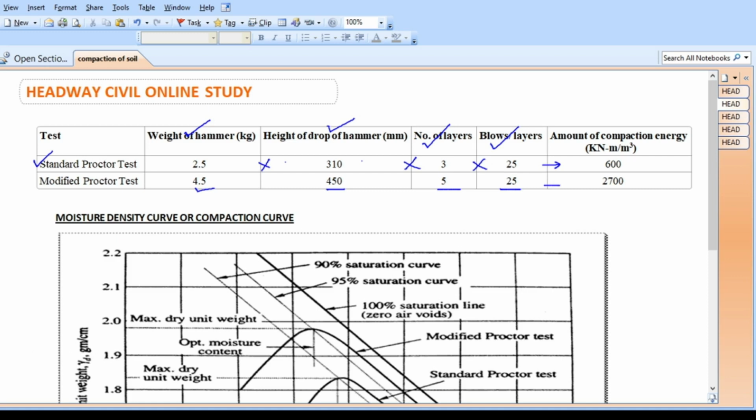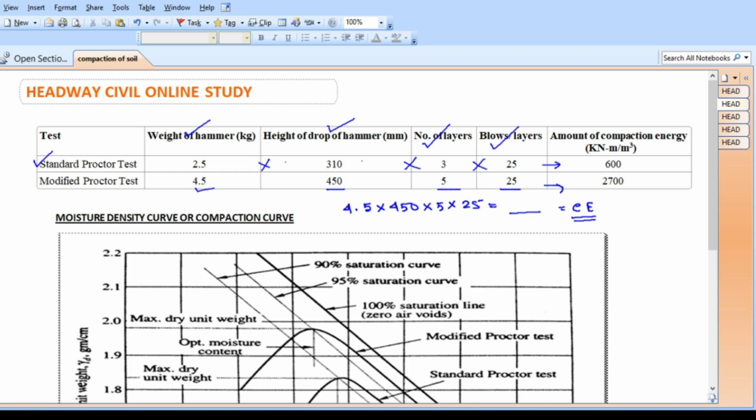So this will come out to be a compaction energy of 2700. If you forget the compaction energy somehow, you just multiply 4.5 into 450 into 5 into 25, and that will give you your compaction energy.